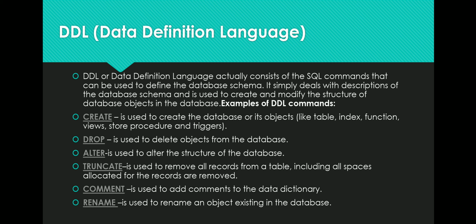Some of the examples of DDL commands are: create is used to create the database or its objects; drop is used to delete objects from the database; alter is a command used to alter the structure of the database; truncate is used to remove all records from a table; comment is used to add comment to the data dictionary; rename is used to rename an object existing in the database. Let us see example for all these commands.